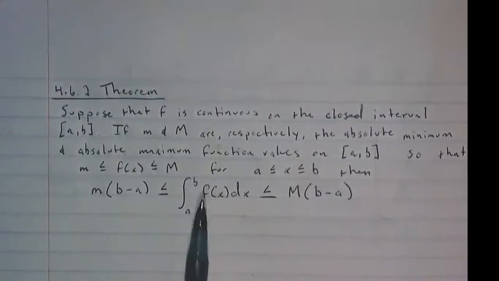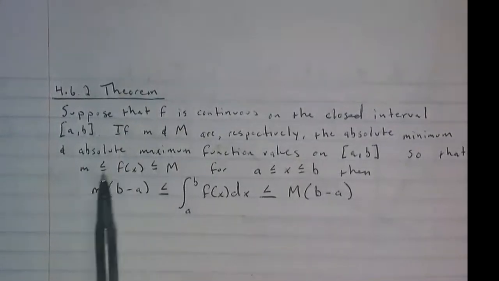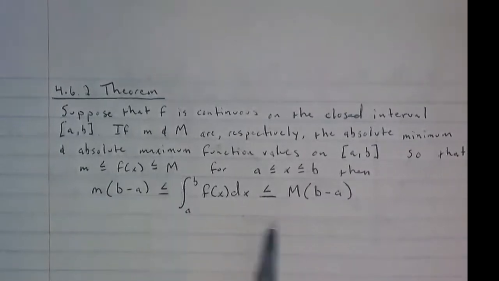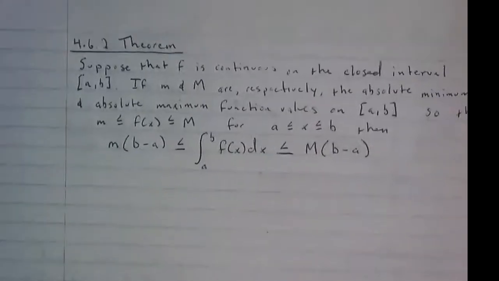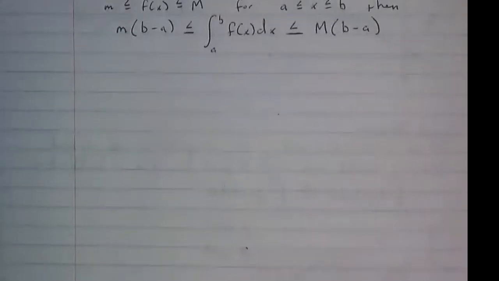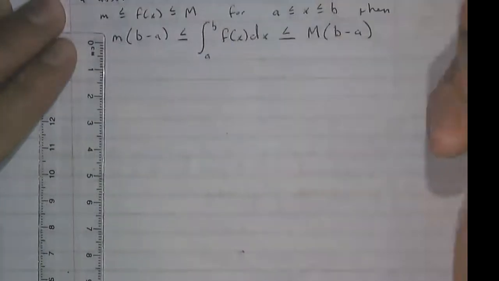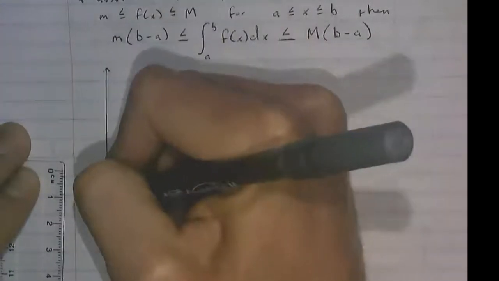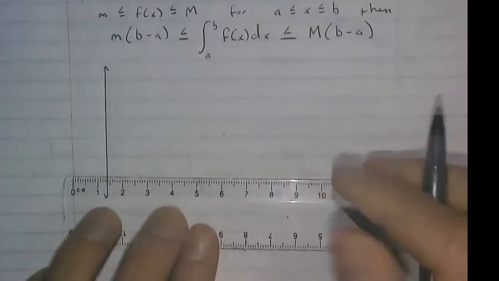So what does this actually mean? Here it's pretty clear this number is always bigger than this number, and it's always less than this number. But what are we actually referring to here? Let's draw the picture and we'll see. Get my straight edge. Let's visualize this.